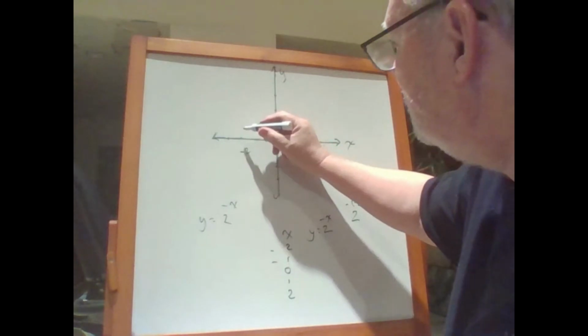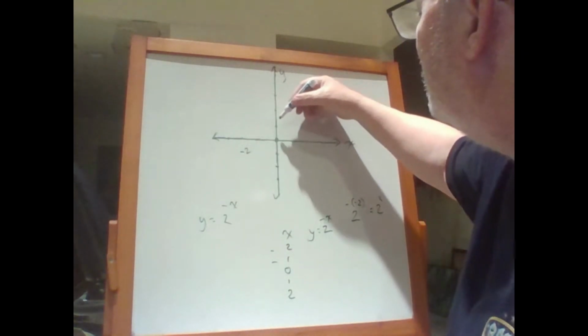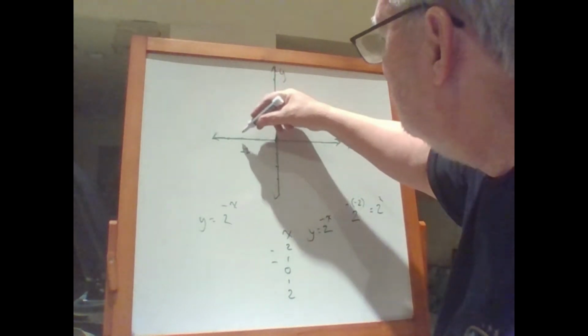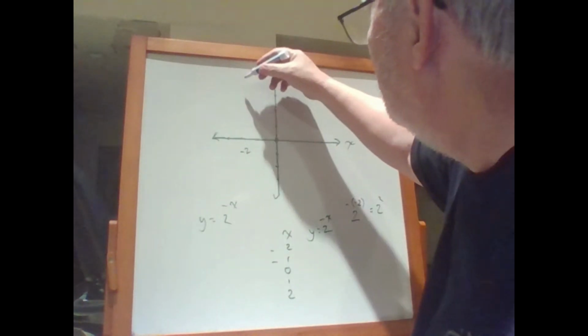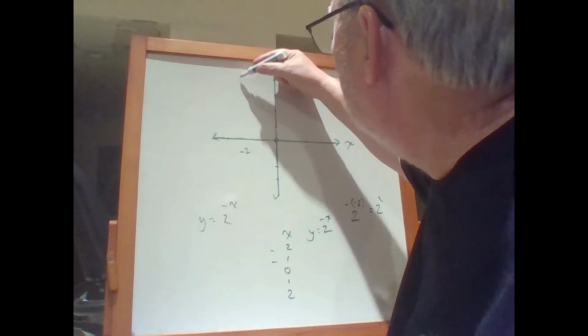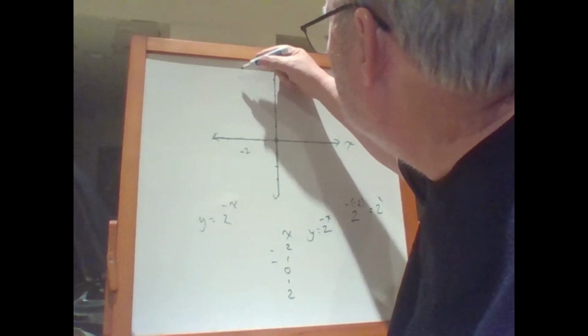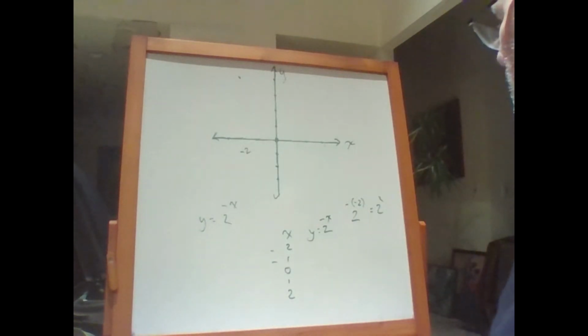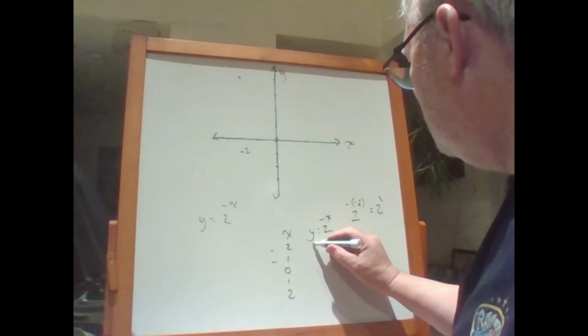So this is 4. 1, 2, 3, 4. So we're over here somewhere. Okay, so that's 4.